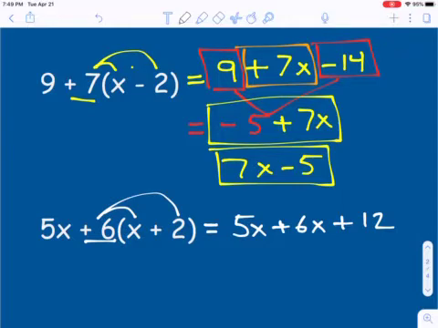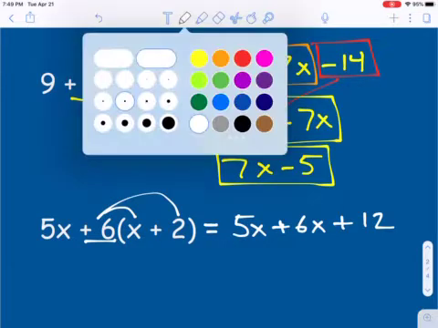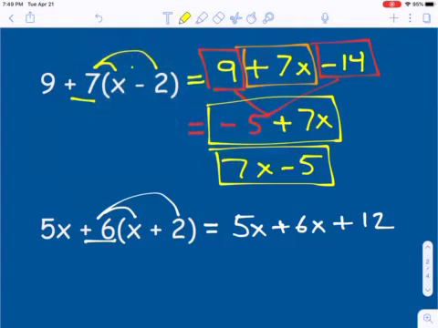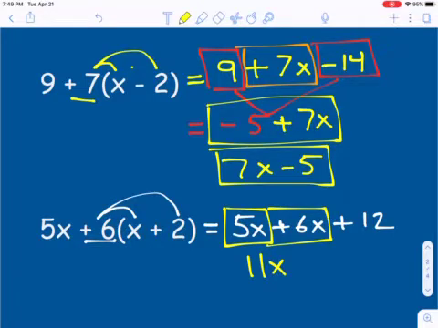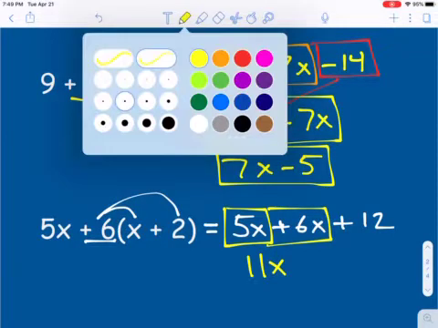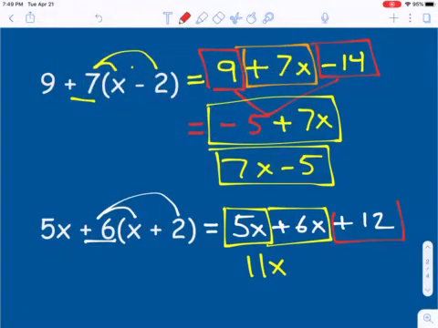All right, and then I'm going to look at what I can combine. So let's use yellow for my variables. I've got 5x, which is positive, and I've got 6x. So those can combine to 11x. And then that 12 is just off by itself. There's no variables to combine that with.